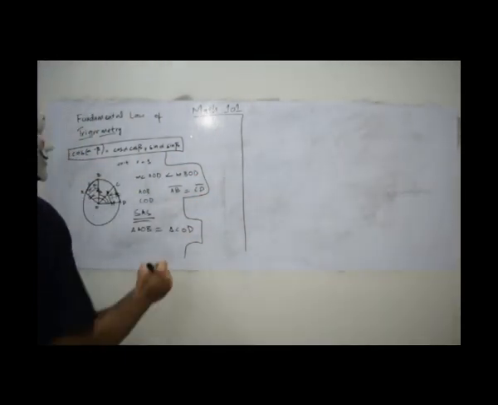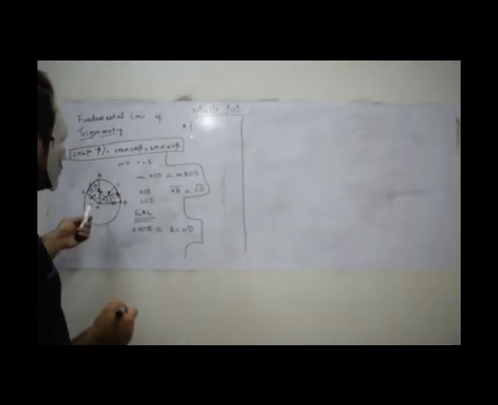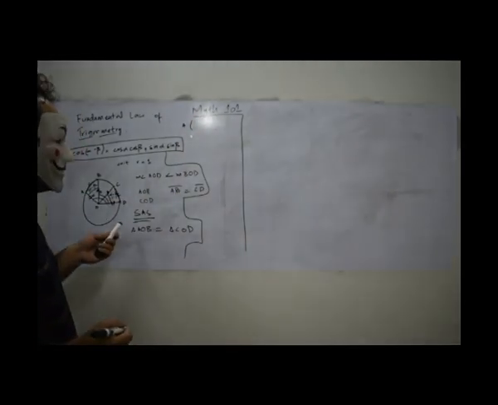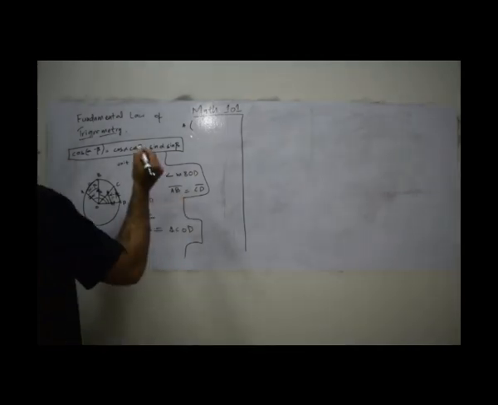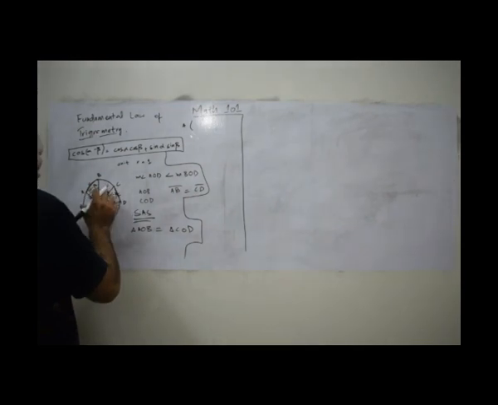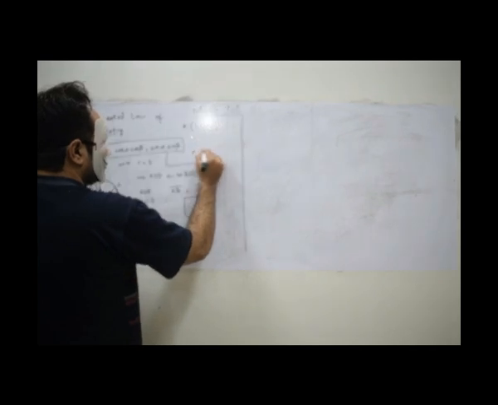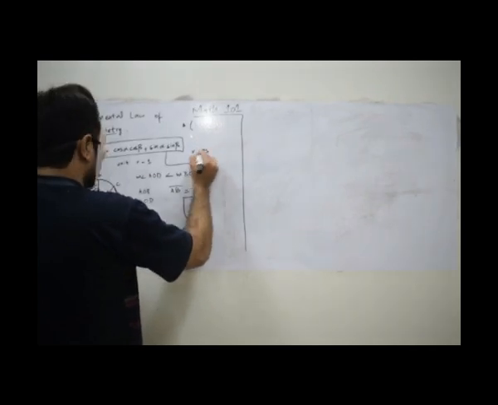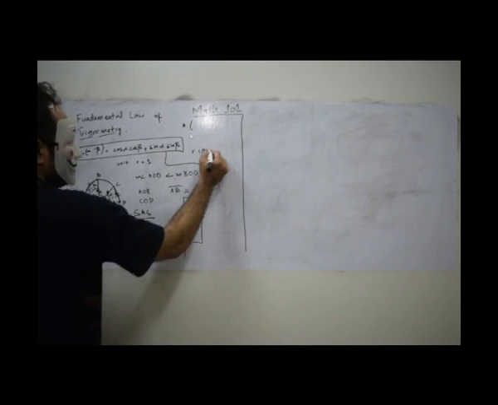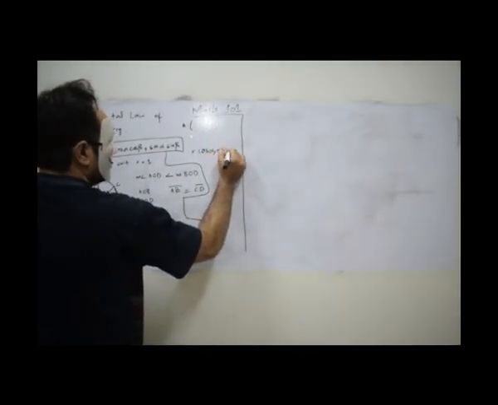Now the coordinates of A are like this, because this is a unit circle. If the circle had radius r, then the coordinates would be r cos of this angle, this is alpha, and r sine alpha.